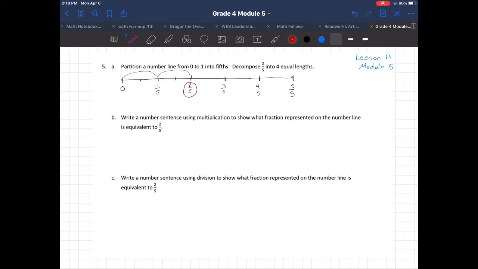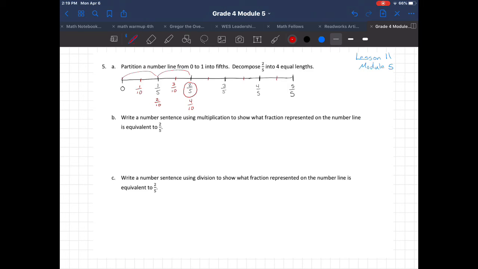And by the way, if I did that all the way down, now I would have, instead of 5 jumps, 10. So these guys are tenths. 1/10. 1/5 is also 2 tenths, 3 tenths, 4 tenths, and so on.